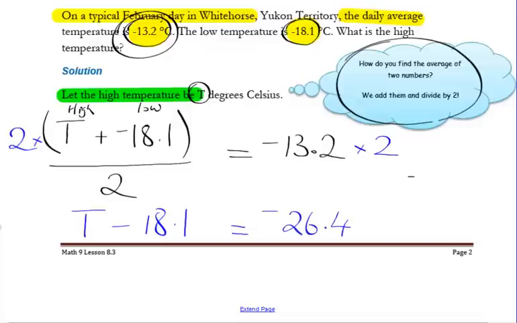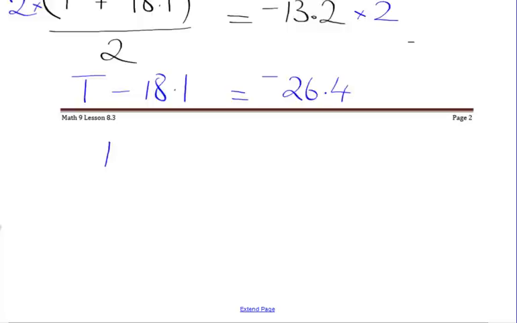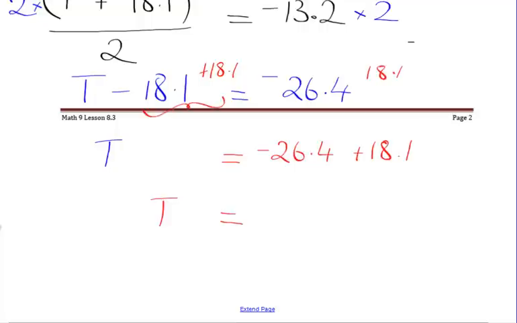The next thing to do to isolate the T, which is our high temperature, is to add 18.1 here and add 18.1 there. And so that gives us T is equal to, those two numbers add to 0, so negative 26.4 plus 18.1, and what does that come out to be equal to?